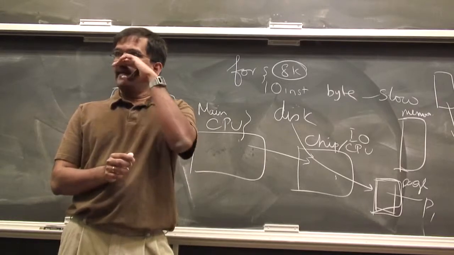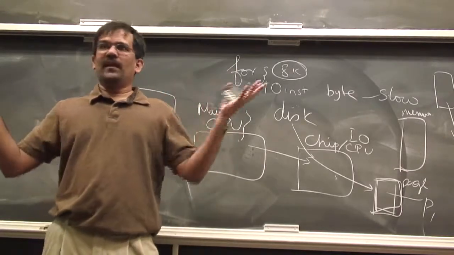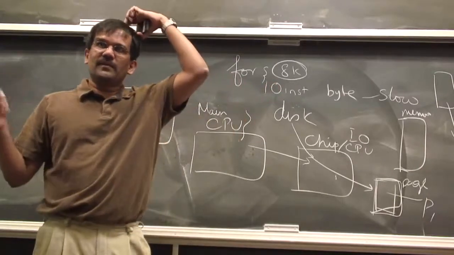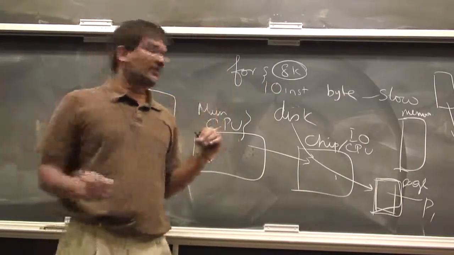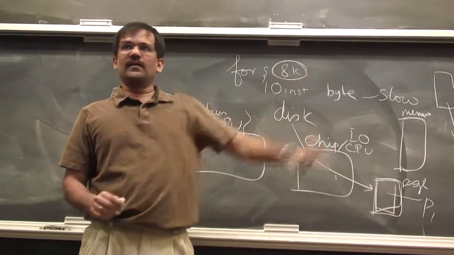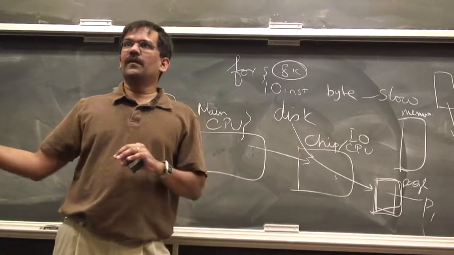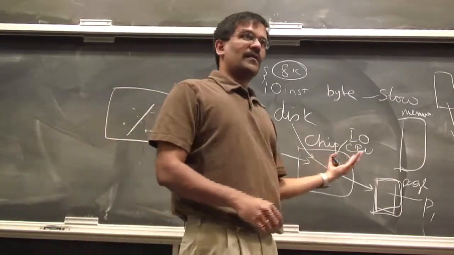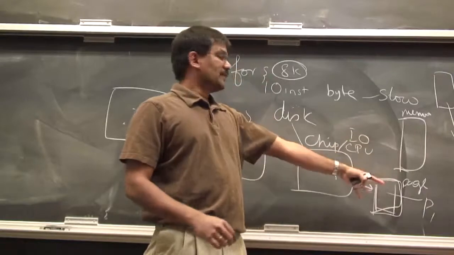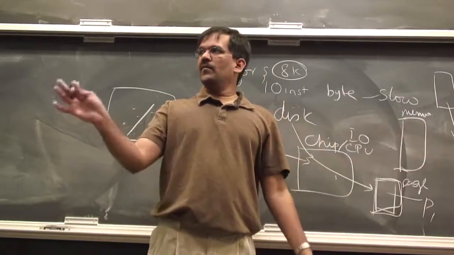Yeah, because the DMA controller knows nothing about processes or pages or anything. All it knows is I have to read something from the disk, from whatever is coming here, to this memory page, right? It has no notion of who this belongs to. So if the OS comes around and says, okay, this page is not being used, so I'm going to put this into swap, fine, you can do whatever with this.